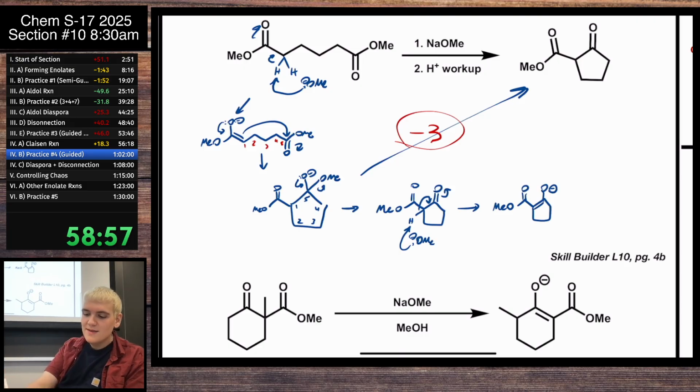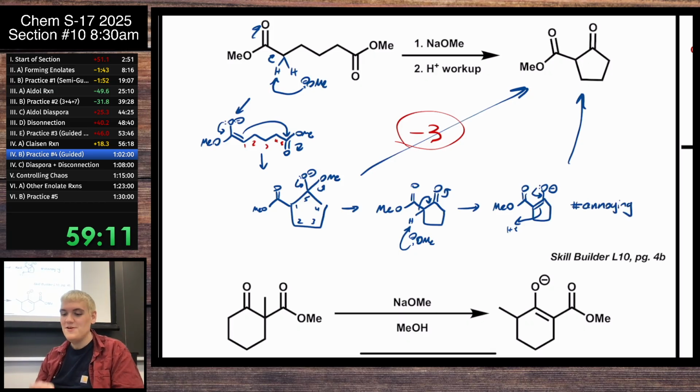Now we are at our enolate, and then we directly undo it. And we can also just hashtag it annoying, just so everyone knows what's going on. Here we are.